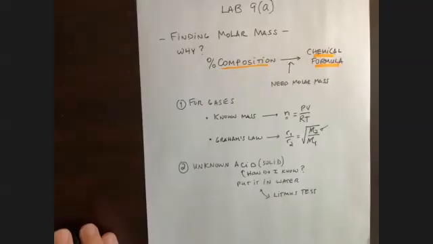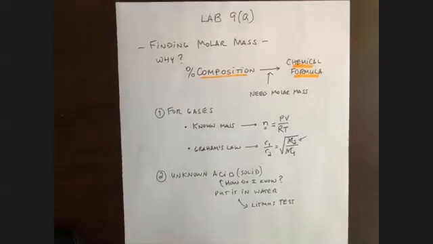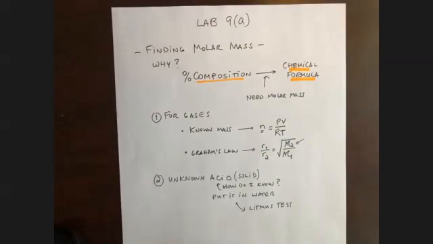So let's go over here to our makeshift whiteboard, and let's look at what I have written here. Since we began our study, one of the important things that we said chemists have to do is to find the molar mass of compounds. Why?